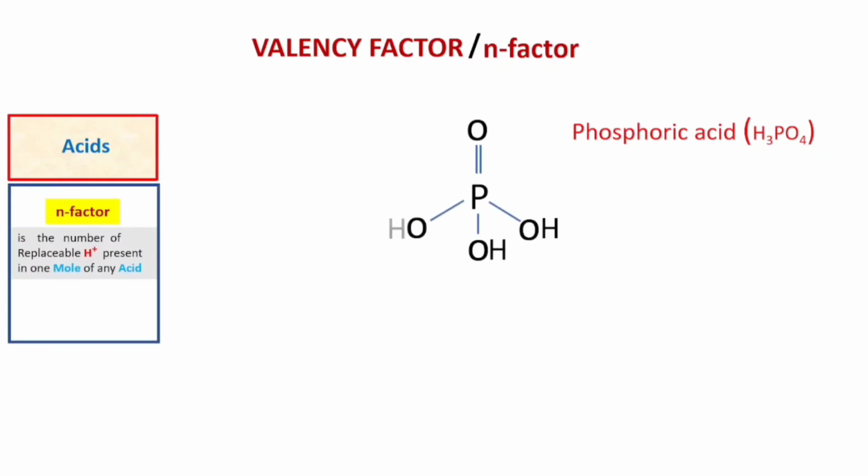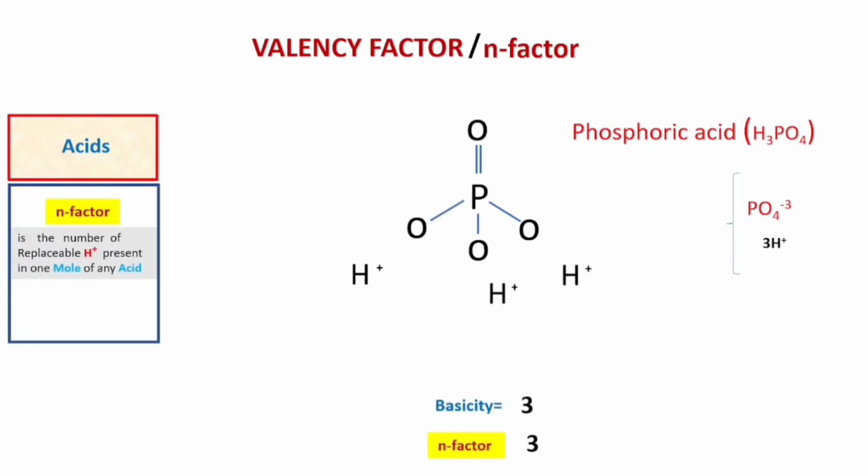Phosphoric acid has 3 hydrogen atoms. In aqueous solution, it displaces all 3 hydrogen atoms and dissociates into phosphate anion and hydrogen cation. As it displaces all its 3 hydrogen atoms, it is a tribasic acid with N factor 3.